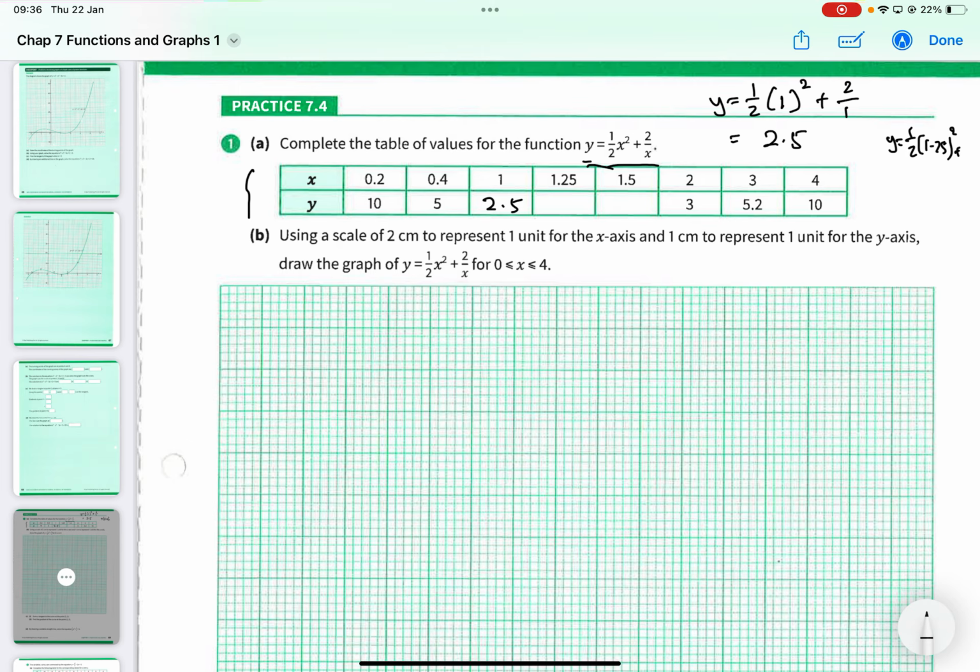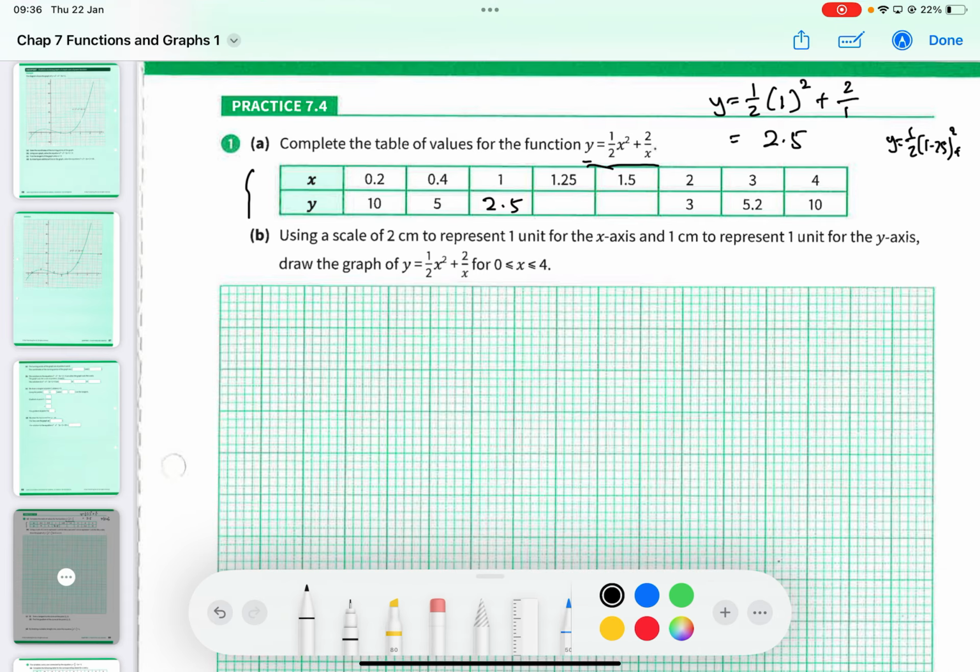Then I put in x is 1.25 into the equation. Must you put bracket? Yes, must put bracket. When you are doing substitution, always put bracket. Because the negative, whether the negative is being squared depends on whether you put the bracket or not. You put bracket, sure won't go wrong.